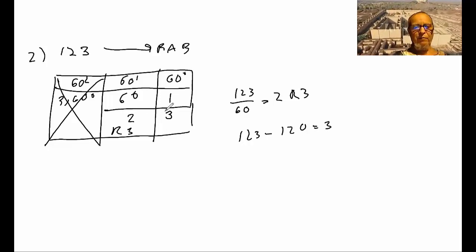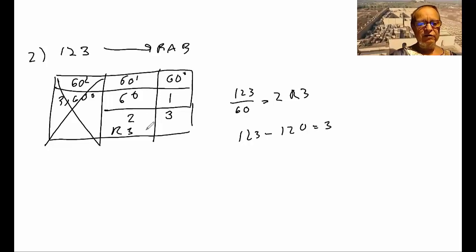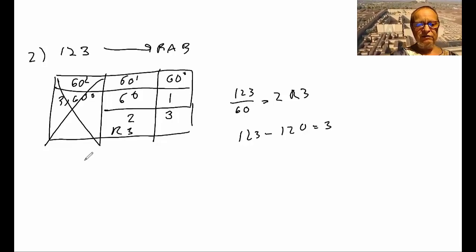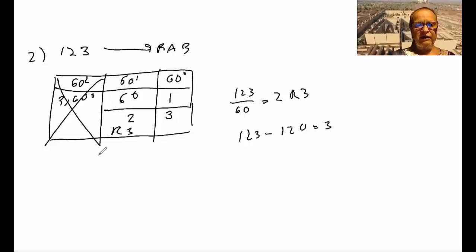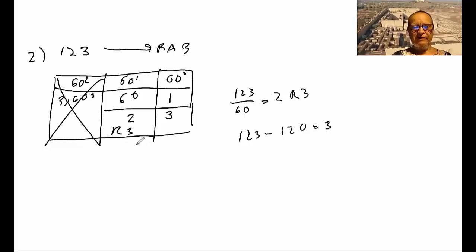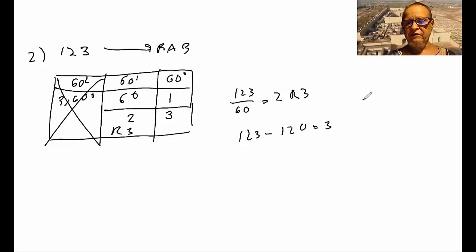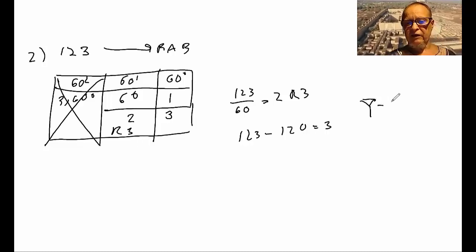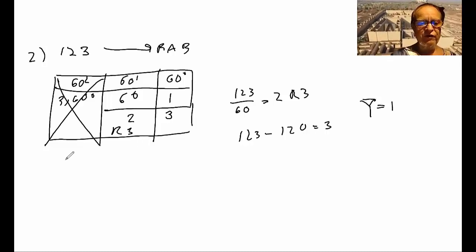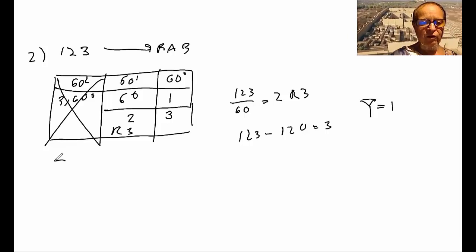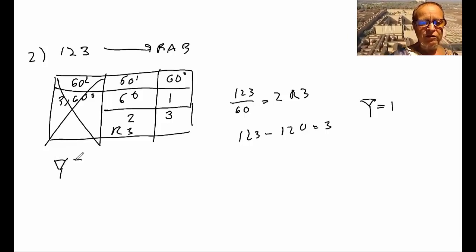Now remember, in Babylonian, each of the spaces is a place value. So if this symbol is equal to 1 and we have 2 of them, well, we'll have 1, 2, and that will be 2 times 60.